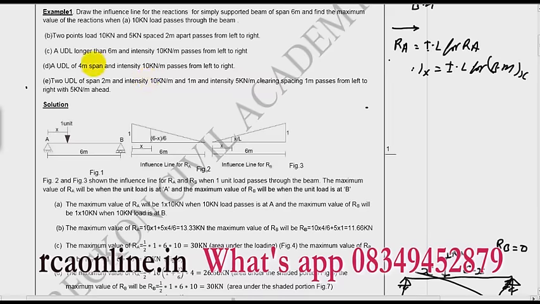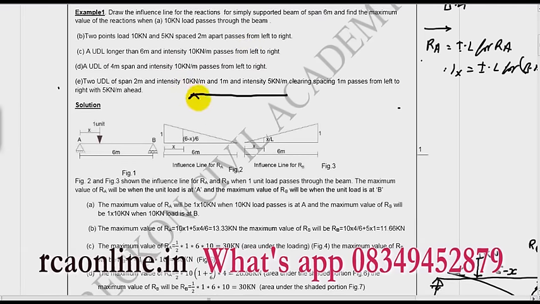Now what is the third problem? A UDL longer than 6 meter and intensity 10 kilonewton per meter passes from left to right. So what it says? This is my beam without any load. Now there is a UDL of intensity 10 kilonewton per meter and its span is greater than 6 meter.